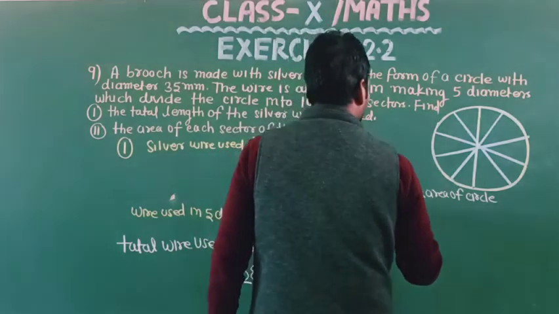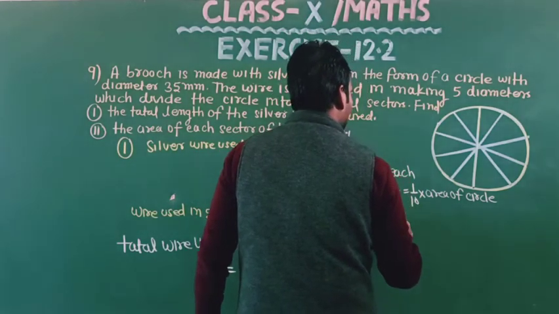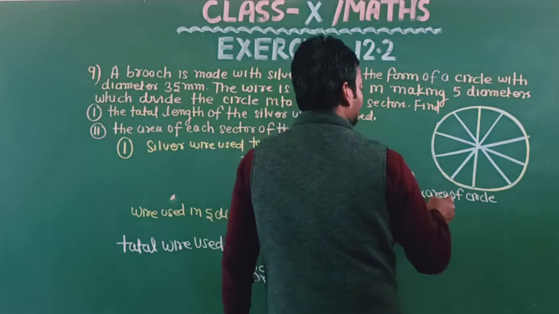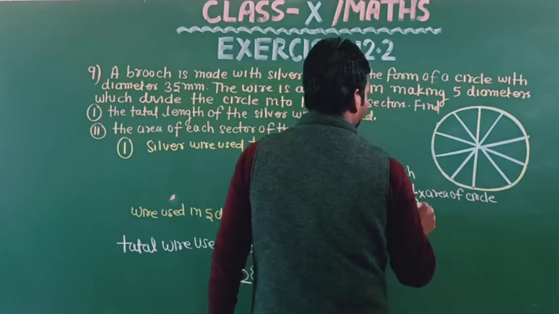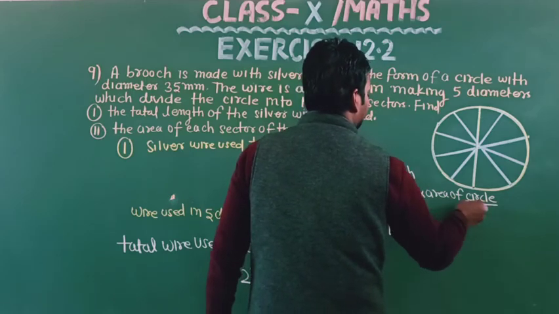Now substituting the values of pi and r, the area of the circle is pi r square.